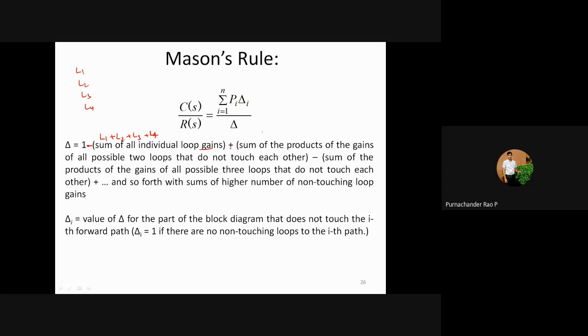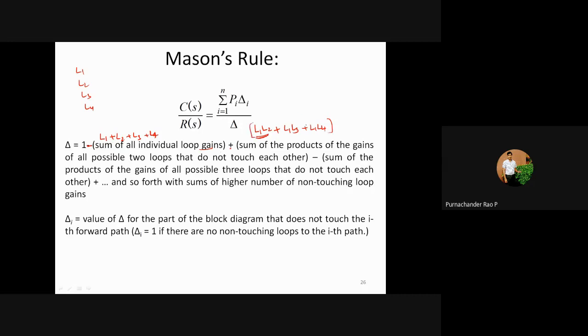Here we found L1L2, a product of two gains of loops which are not touching each other, so L1L2 plus L1L3 plus L1L4. These are the three possibilities of two non-touching loops.